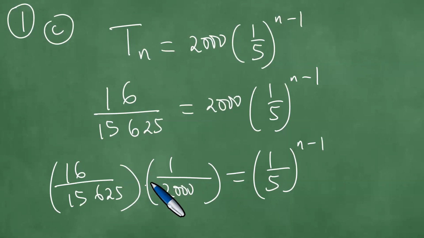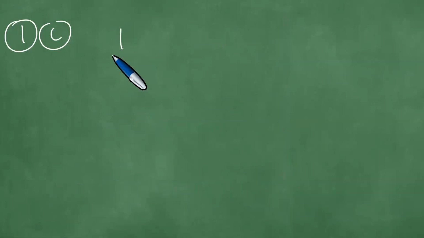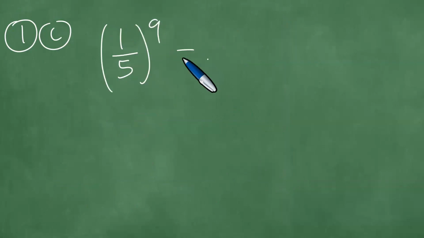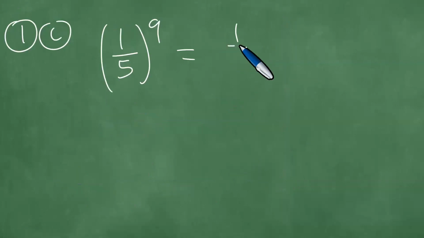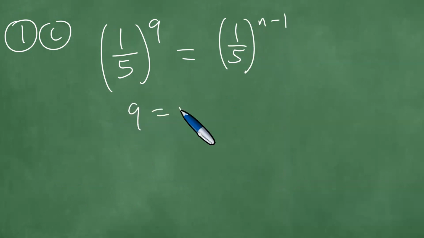If you simplify these using a calculator, this becomes 1 divided by 5 to the power 9, which is 1 divided by 5 to the n minus 1. Right, so the bases are the same, which means 9 is n minus 1, which means n equals 10. That becomes the answer.